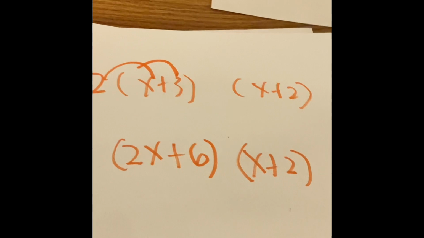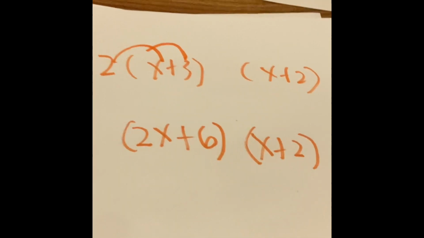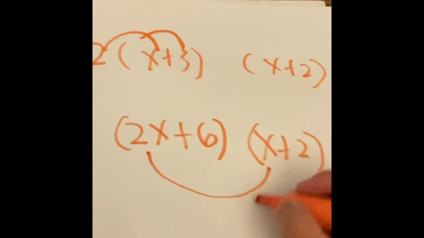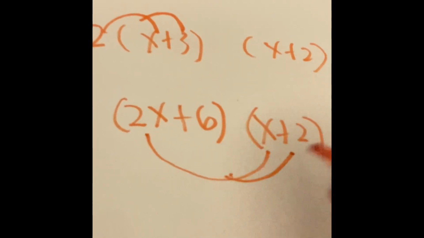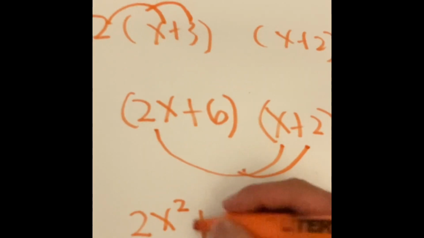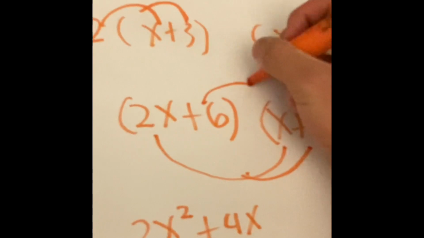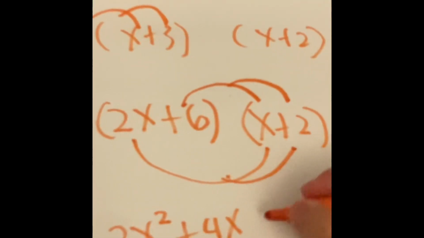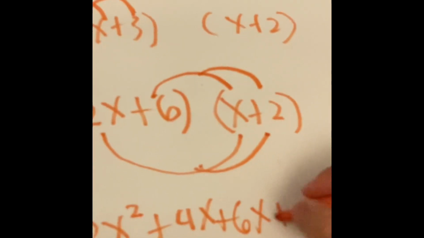If you ever learn that method in another video, it's going to help you with this one. So 2x multiplied by x and 2x multiplied by 2 is going to be 2x squared plus 4x. And 6 multiplied by x and 6 multiplied by 2 is going to be 6x plus 12.